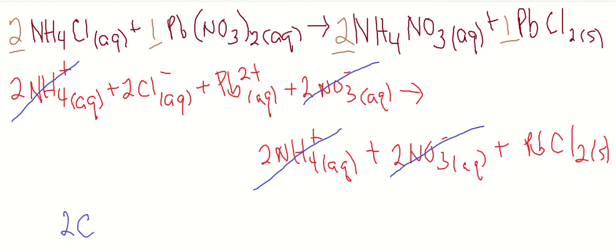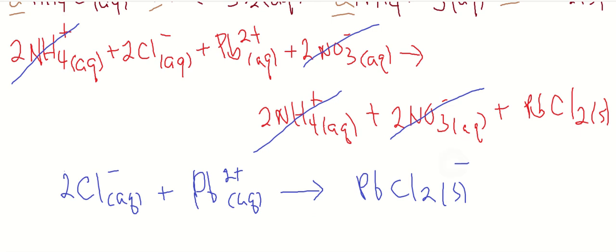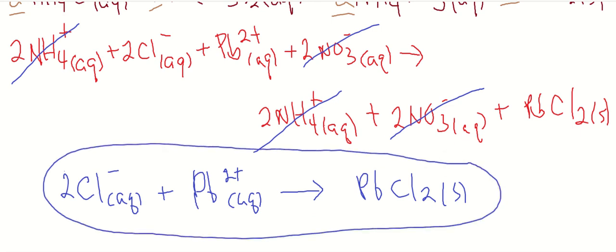We have the 2 chloride anions, and we have 1 mole of lead cations, and they're the only ones involved in this reaction. They're going to form lead 2 chloride precipitate. It should be balanced, which it is, and the charges should also be balanced, which they are as well. So there is your net ionic equation.